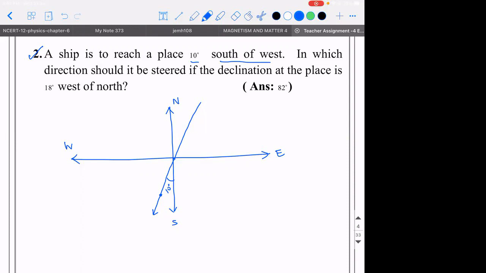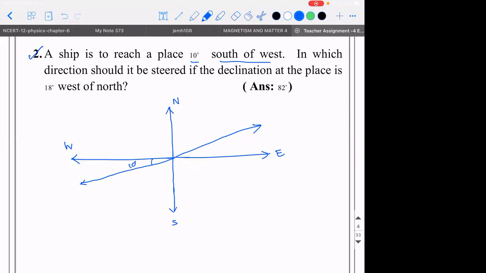Shouldn't 10 degrees be with respect to west, sir? No. Oh, 10 degrees south of west. Oh, sorry, you're right. So 10 degrees south of west means from west 10 degrees in this direction.